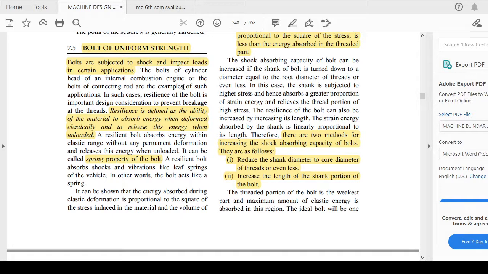This is called the spring property of a bolt. Sometimes in competitive exams or university exams it may be asked what you understand by the spring property of a bolt, and you can explain this content. A resilient bolt absorbs shocks and vibrations like the leaf spring of a vehicle; in other words, bolts act like a spring whenever required, or under uniform strength.